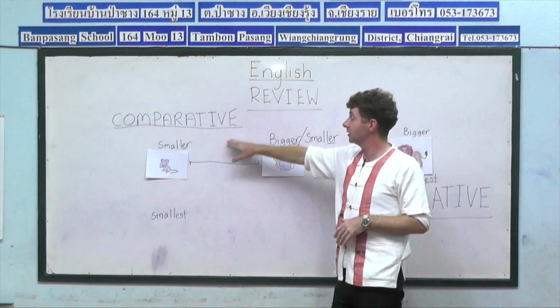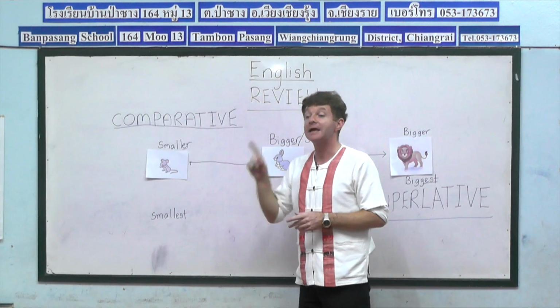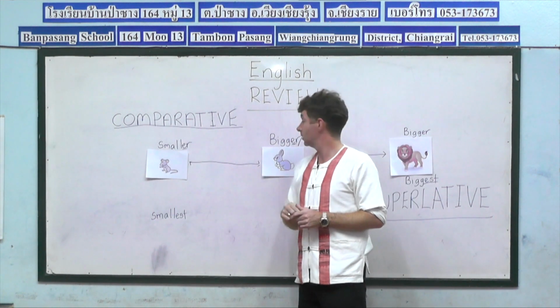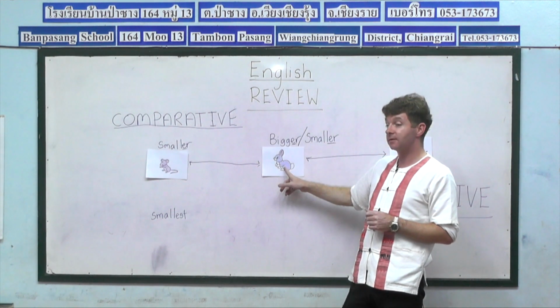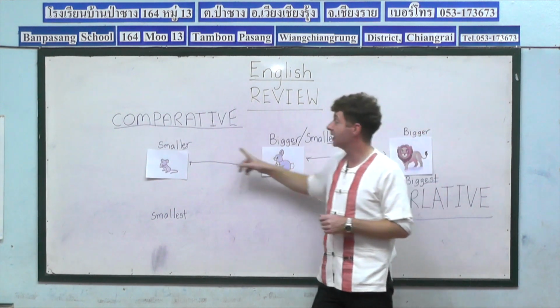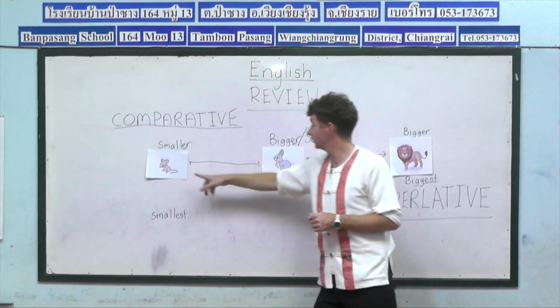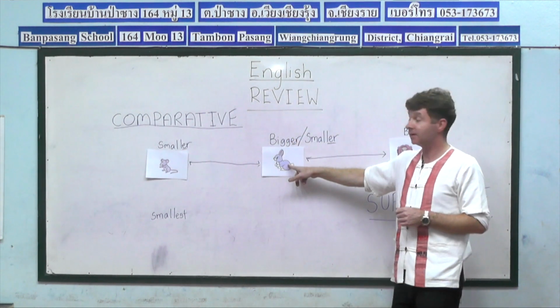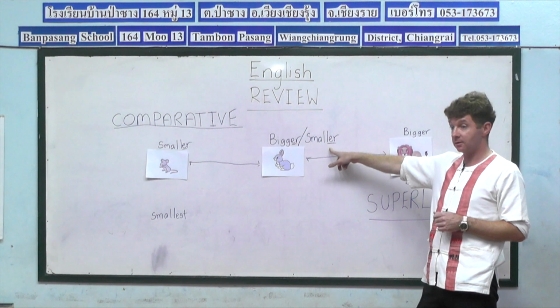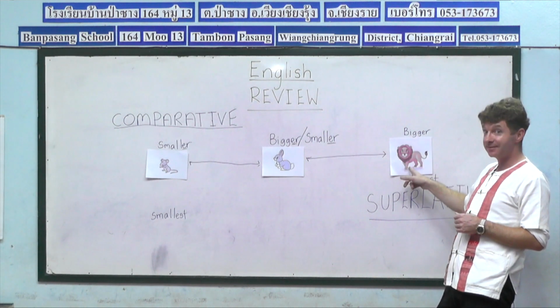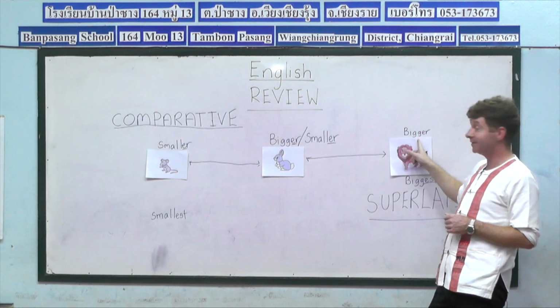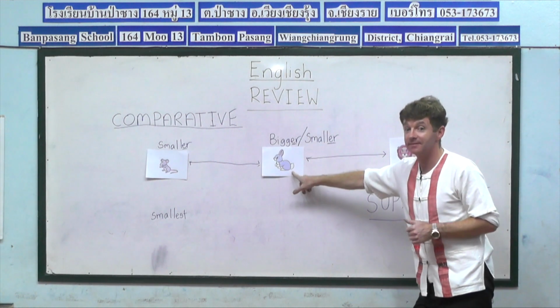Comparatives. The mouse is smaller than the rabbit. The rabbit is bigger than the mouse. The rabbit is smaller than the lion. The lion is bigger than the rabbit.